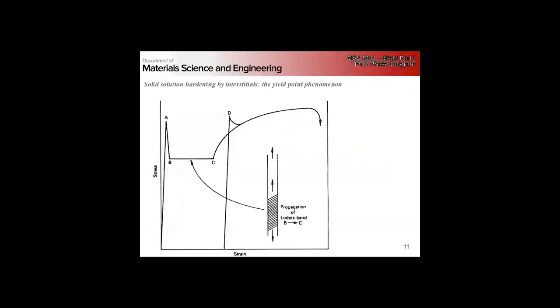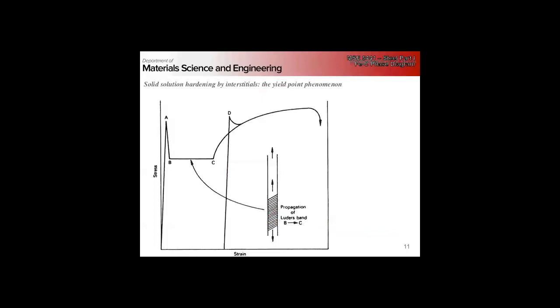So this becomes a strong obstacle to dislocation motion, right? And that gives rise to the upper yield point phenomenon and Lüders bands, right? You go up until there's enough stress to break the dislocations free from their preferential carbons, right?